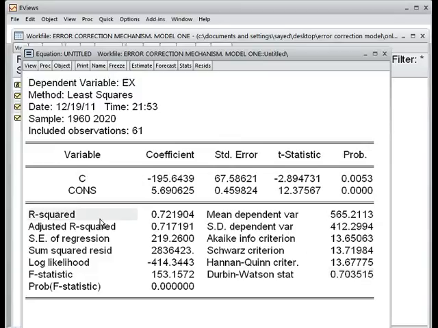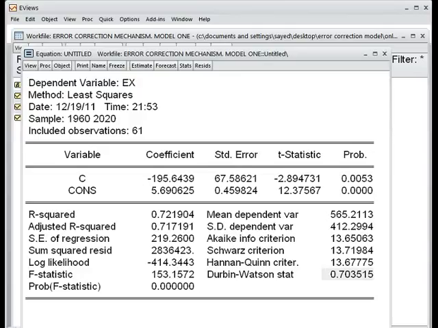And here, how much is the Durbin-Watson value? 0.72, which is less than R square, meaning that our estimated model is a spurious model because R square is more than the Durbin-Watson statistic. So it is a spurious model. That means when the model is spurious, we cannot accept the model.